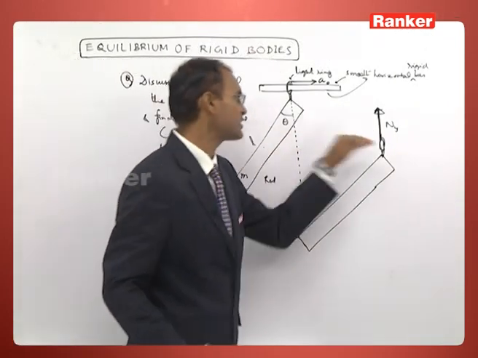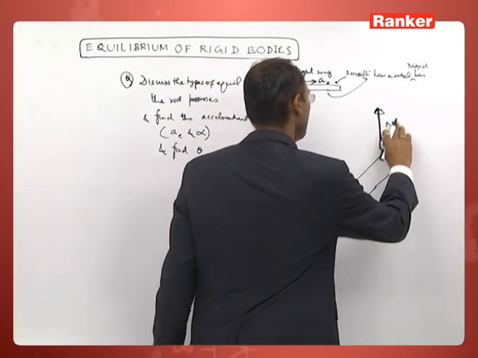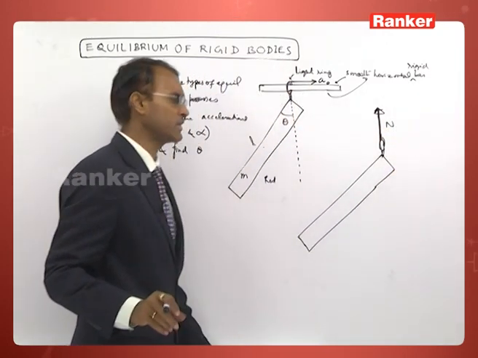There is no reaction along this direction because the bar is smooth. Therefore, we just write N, normal reaction.